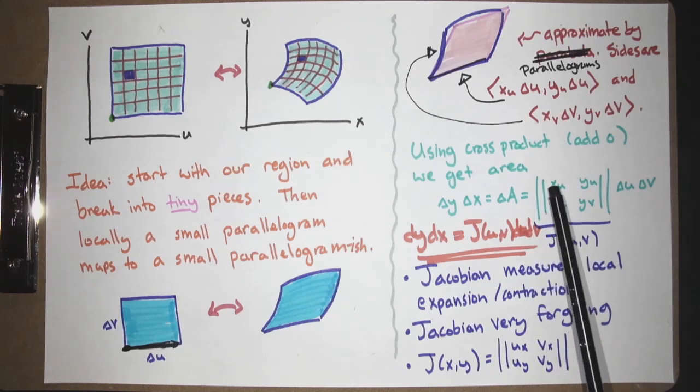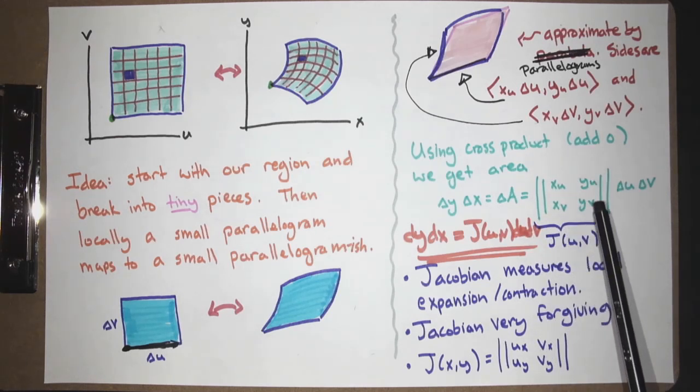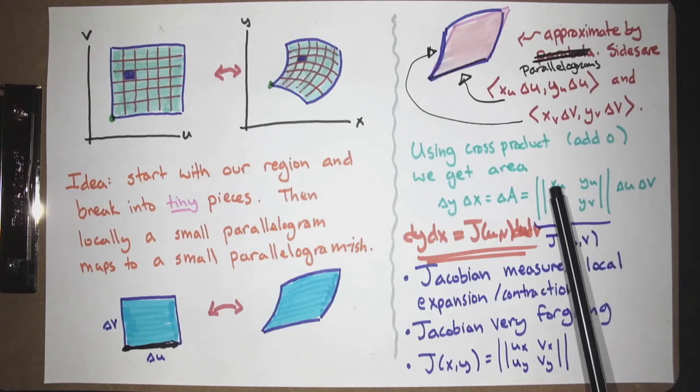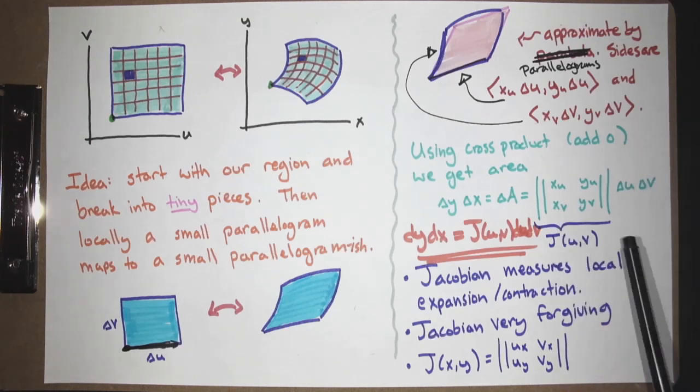If you say, oh, I put y sub b and x sub b, I switched the columns, the Jacobian says, you are forgiven. I will give you the same thing. If you say, oh, I accidentally said xu xv, yu yv, the Jacobian will say, I forgive you. I will give you the same answer. So it's pretty hard to mess up. The moral is, just get the partial derivatives in there, and life will be fine.